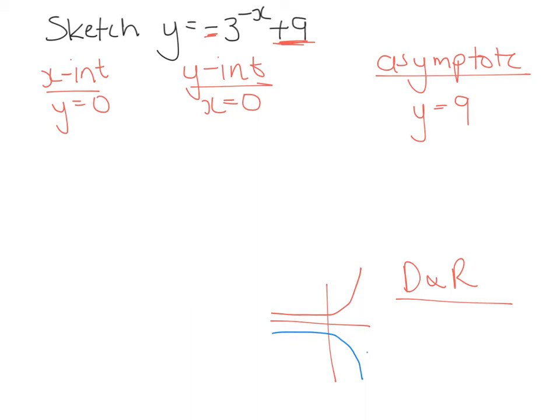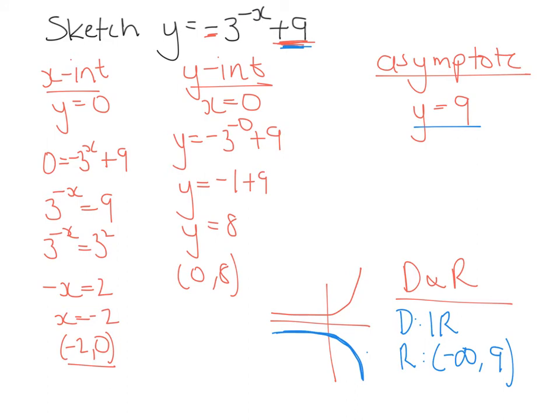So the domain would be all real numbers, and the range, well, since our graph has moved up 9 and it's a negative exponential like this here, it would be from negative infinity up to 9, but not including 9, round brackets, and it's that way because it goes up towards this asymptote at y equals 9, but it never reaches it. Give me a second and I'll work out the x and y intercepts.